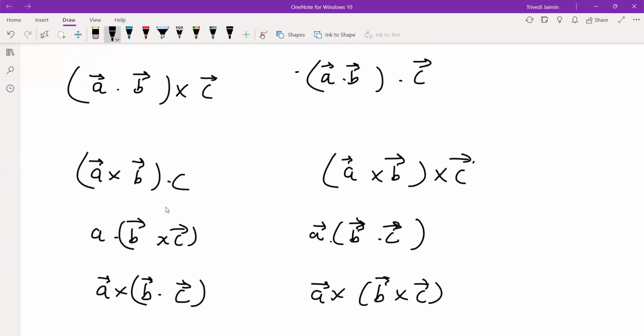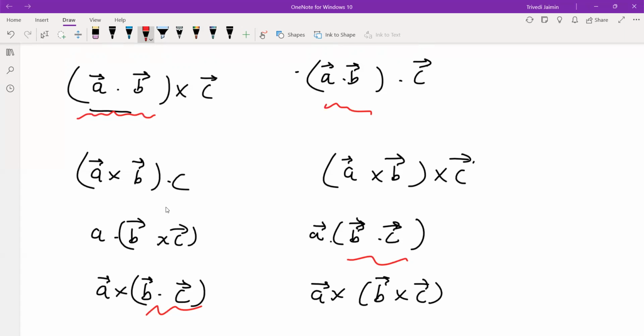So from these eight operations, see this in bracket, let me change the color. In this bracket, whatever we have like a dot product in the bracket, those are scalar products, so they are meaningless.